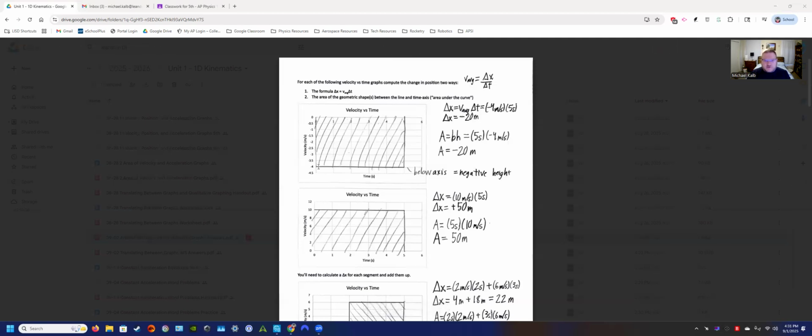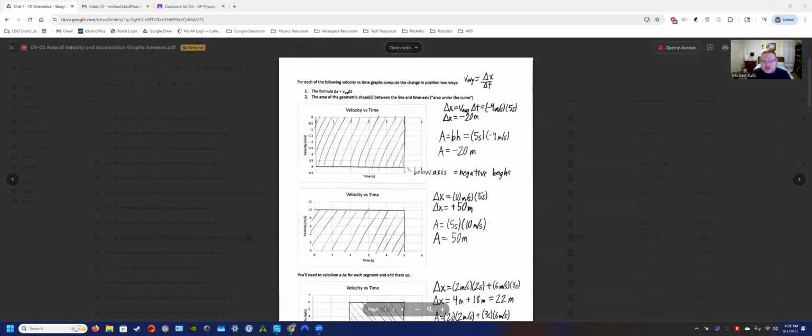So here we have a velocity of -4 meters per second for a time of 5 seconds. If we use the average velocity formula, delta x equals v average times delta t, that's -4 meters per second times 5 seconds, that's -20 meters.